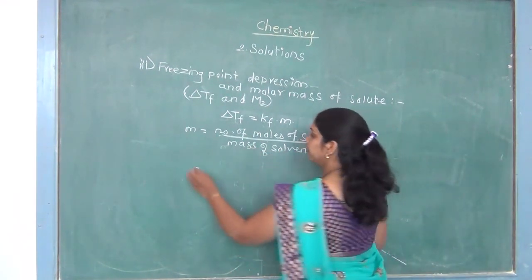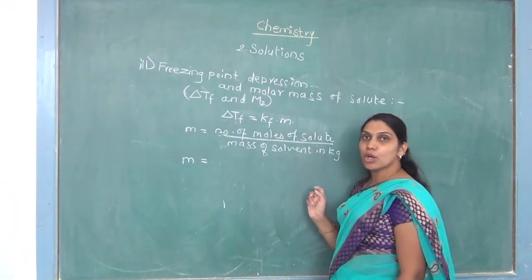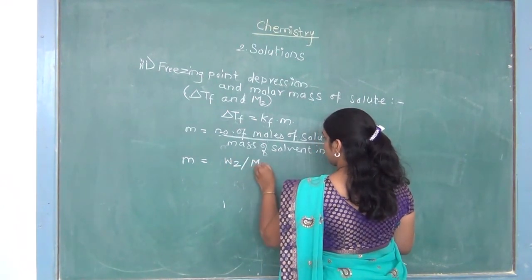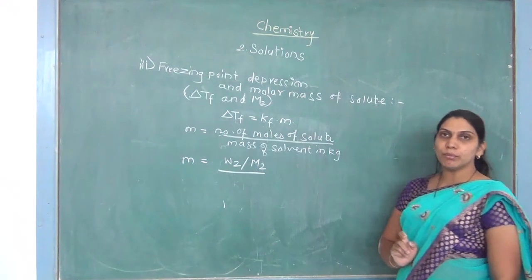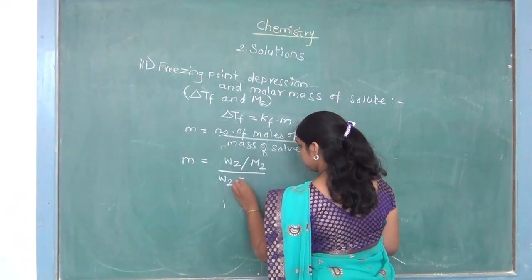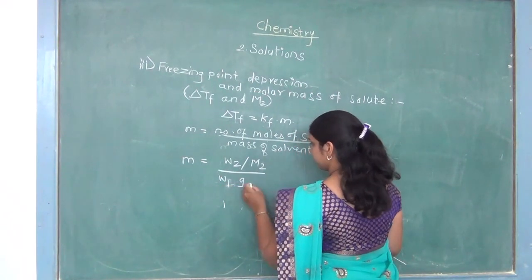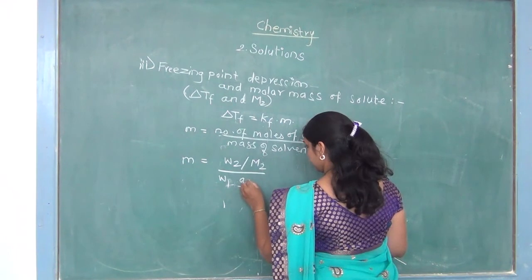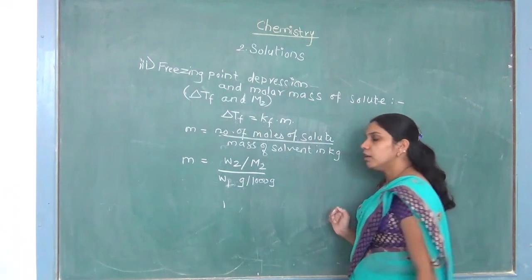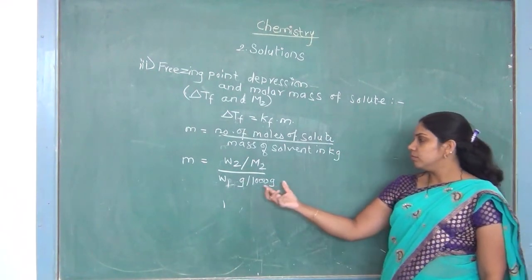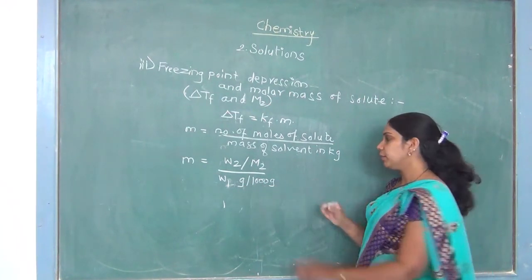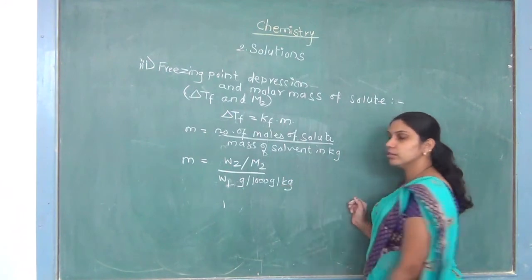So for small m, the equation obtained is W2 upon M2 whole divided by W1 gram, which can be given as W1 divided by 1000 kilogram.